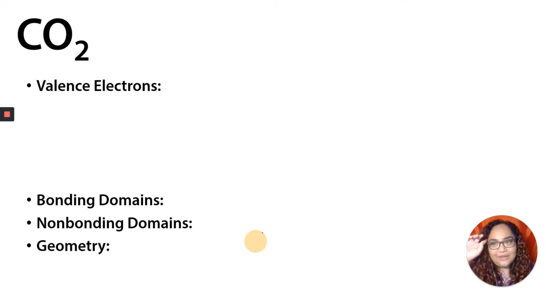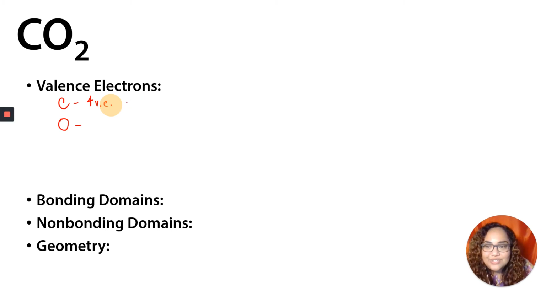So let's start drawing. Before we start drawing, we're going to determine these things. So we have here carbon dioxide, or CO2. And then we're going to count the number of valence electrons for this compound. So we're going to write here C and O. Now, carbon is in group what? 4A. So it has 4 valence electrons. And then how many carbon atoms are in this compound?